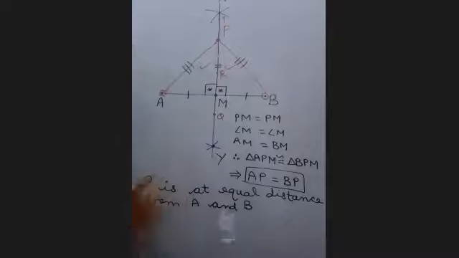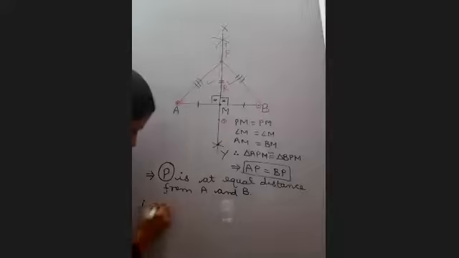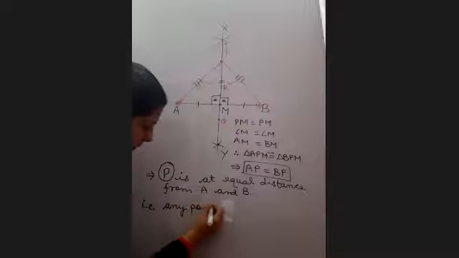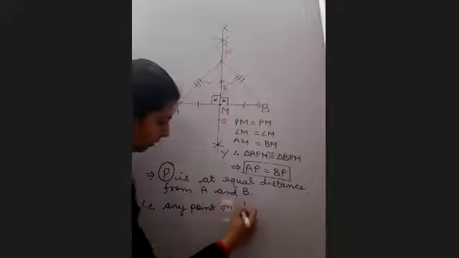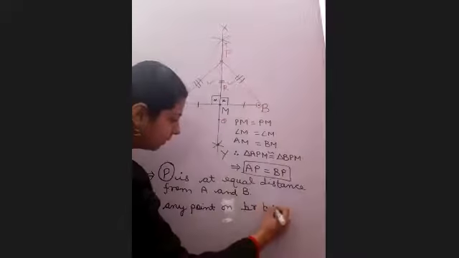So can I say it in other words? Instead of P, I'm using the term any point on the perpendicular bisector.